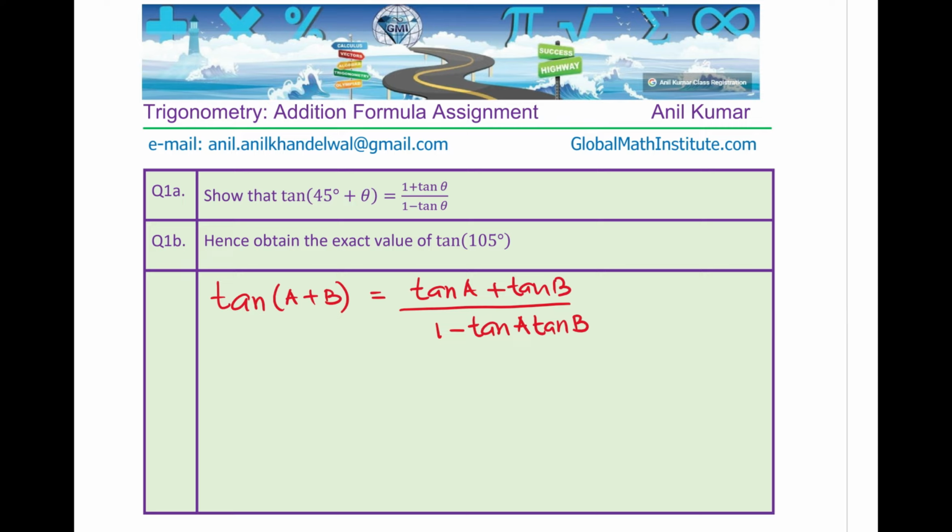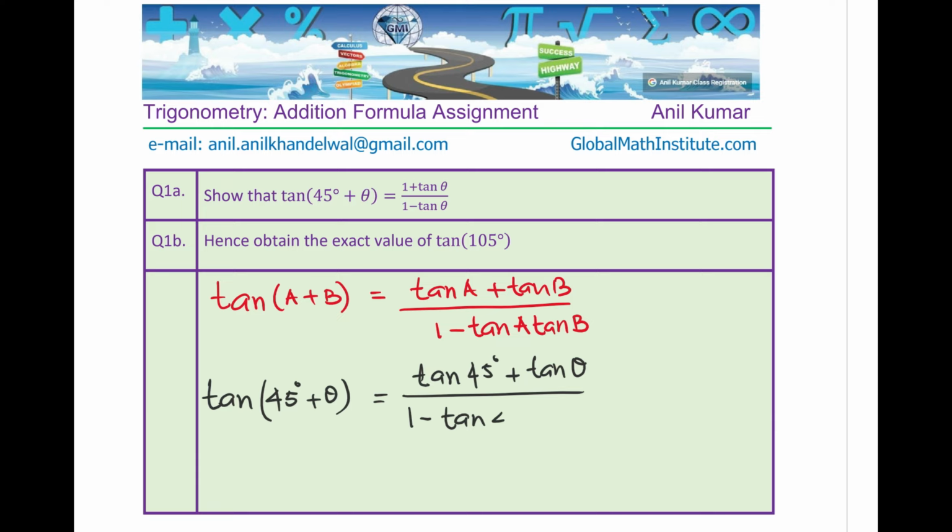Now since we want to find tan of 45 degrees plus theta, we can substitute A as 45 degrees. So we get tan 45 degrees plus tan theta over 1 minus tan 45 degrees times tan theta.